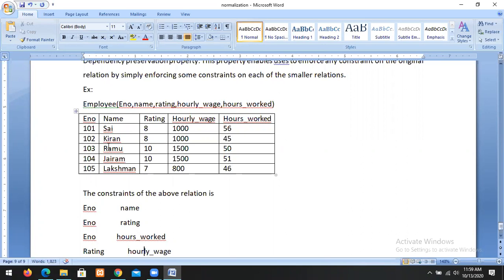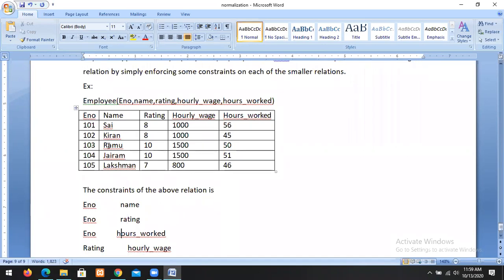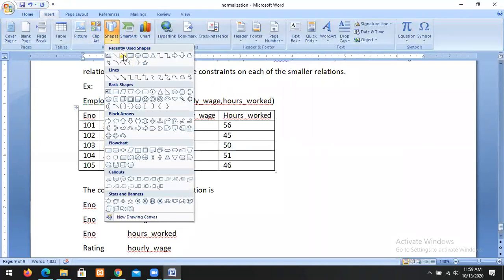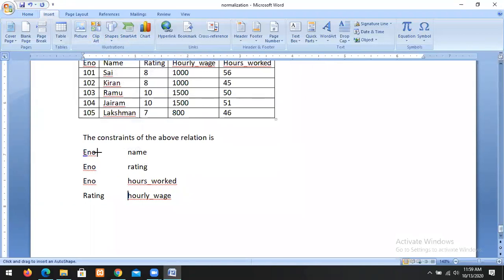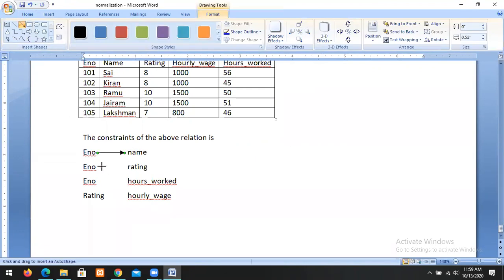So these are the constraints. Rating is functionally dependent on employee number, the number of hours worked is also functionally dependent on employee number, and hourly wage is functionally dependent on rating.